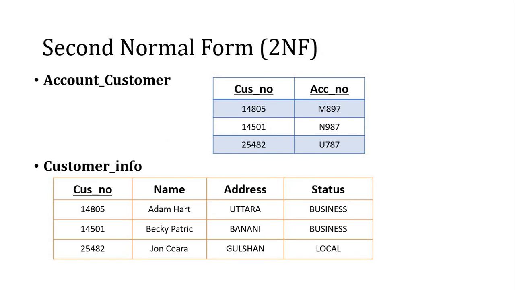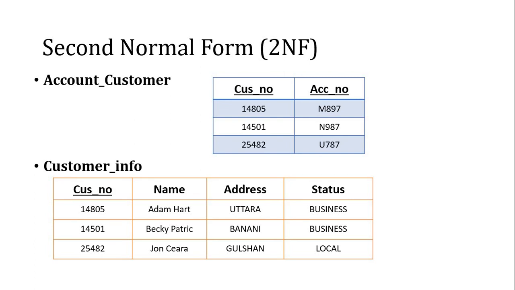We have to make two tables. Either we make the customer no. with name, address, and status, or the customer account no. with name, address, and status. Here we are creating the customer info table. In the customer info table, we are creating customer no., customer name, customer address, and customer status.